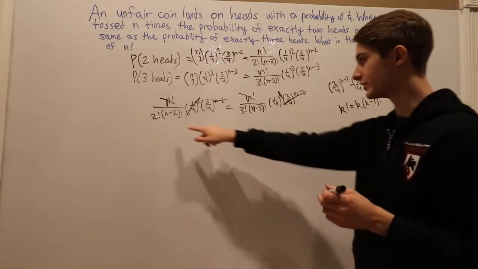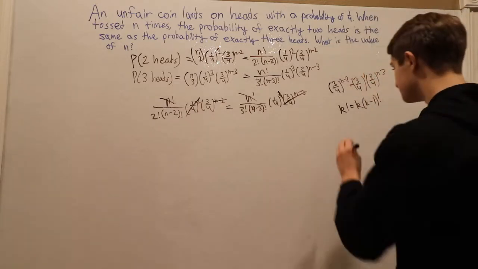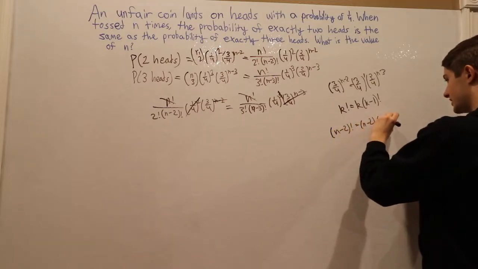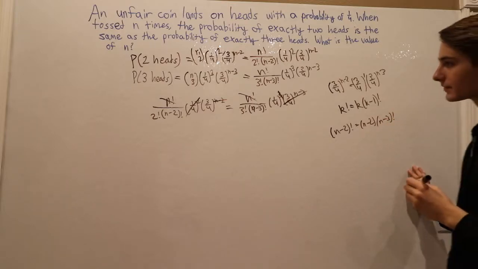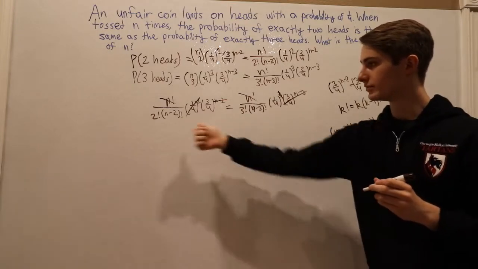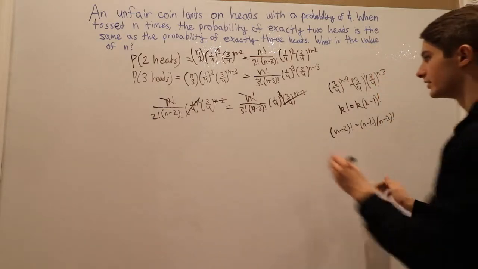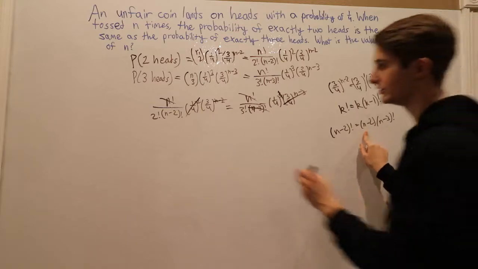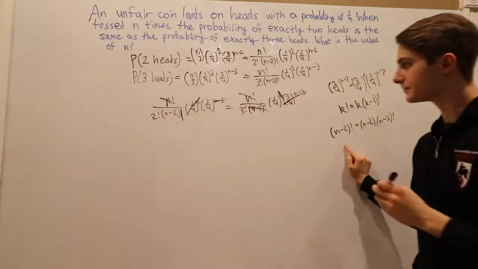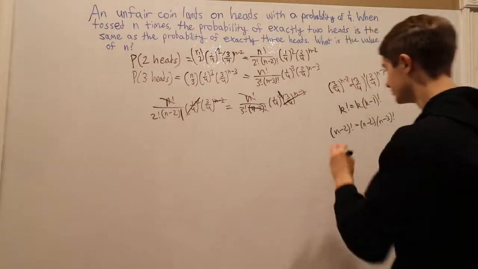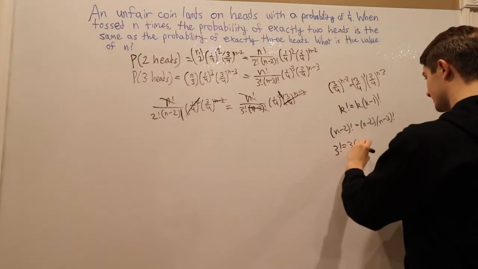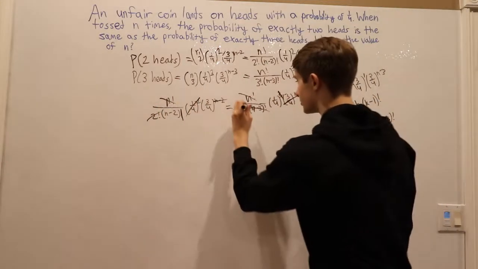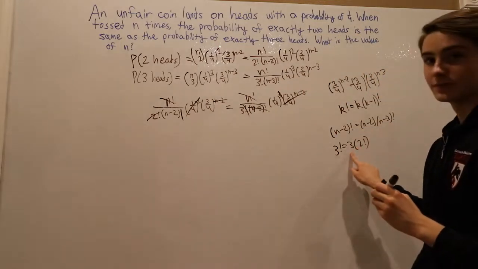So n minus 2 factorial is just n minus 2 times n minus 3 factorial. If we multiply both sides by n minus 3 factorial, this part will cancel, and n minus 2 factorial just turns into n minus 2. We can do the same thing with 3 factorial and 2 factorial, because 3 factorial is 3 times 2 factorial. When we multiply by 2 factorial on both sides, this will go away and just become a 3.